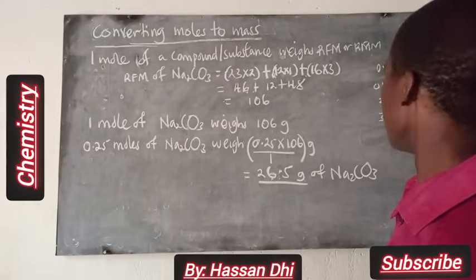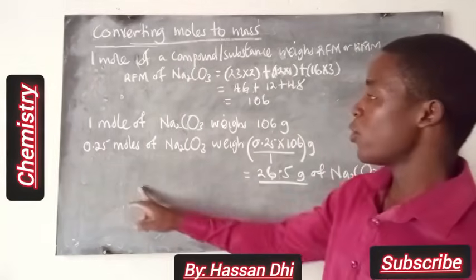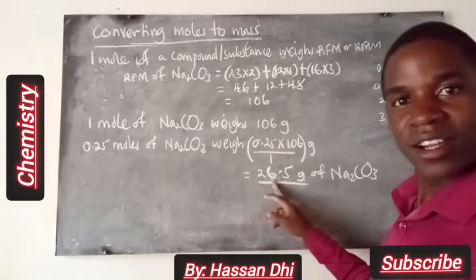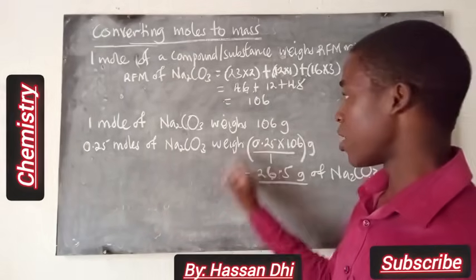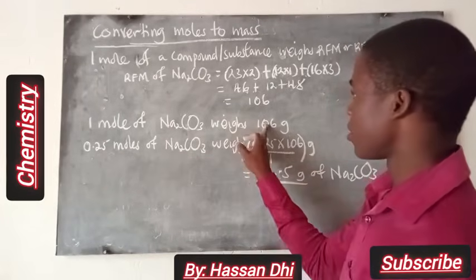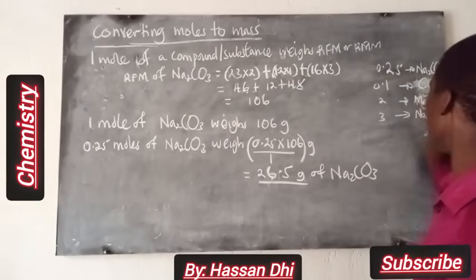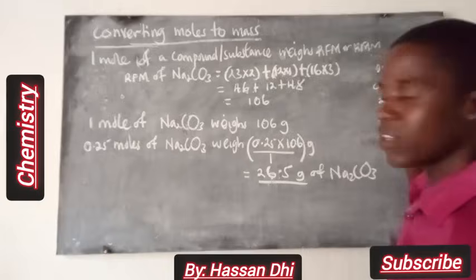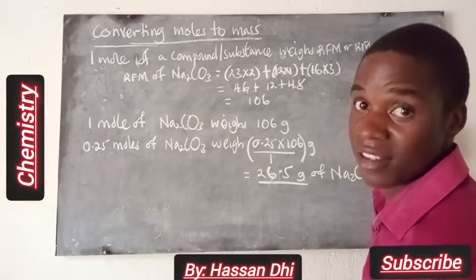For example, the relative atomic mass of calcium is 40. You can say 1 mole of calcium weighs 40 grams. What about 0.1 moles? You multiply this one times this divided by this. That's how you get the answer. For sodium hydroxide, you calculate 23 plus 16 plus 1, and the answer is 40.